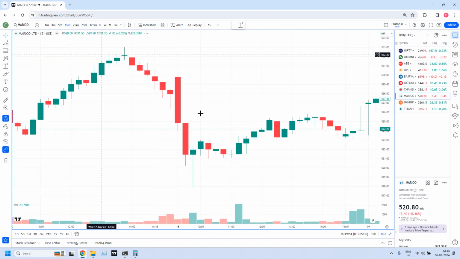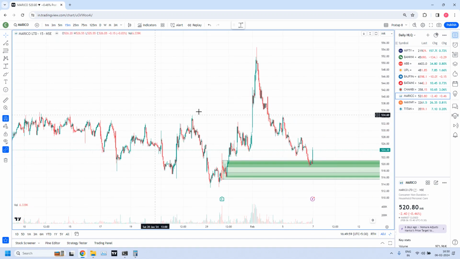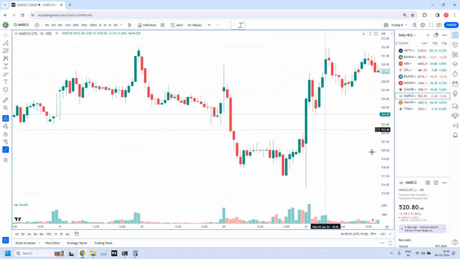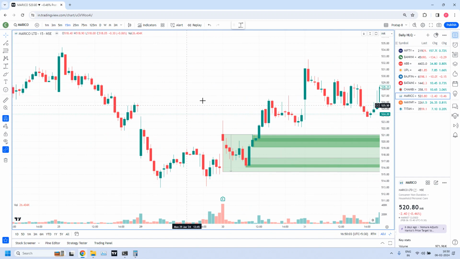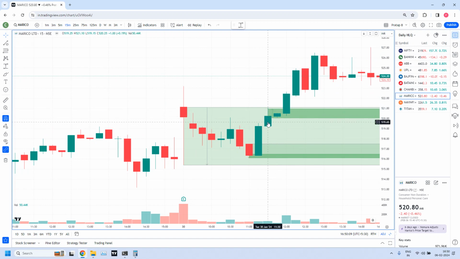But how do I analyze it like this? It is a 15-minute zone. I consider this as a leg-in. This is a base candle. Why do I consider this as a leg-in?